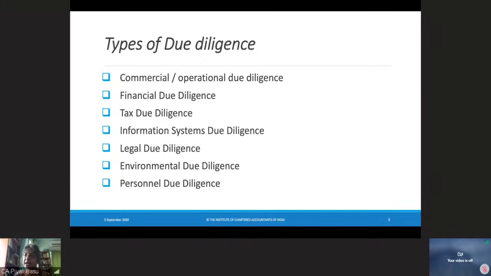Whether that has been paid, if not paid, what is pending, if pending, are they disputed or not, if not disputed, why are they not paying, if disputed, what is the status, what are the demands, what is the status of the case. Who is making representation on behalf of the company before the tribunals and things like that. Each and everything has to be looked into.